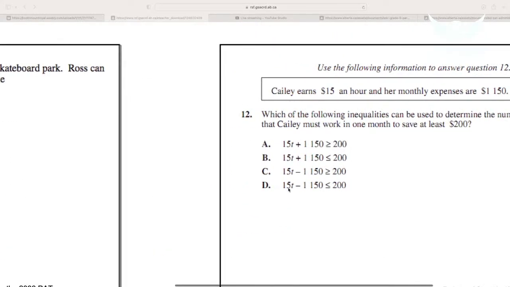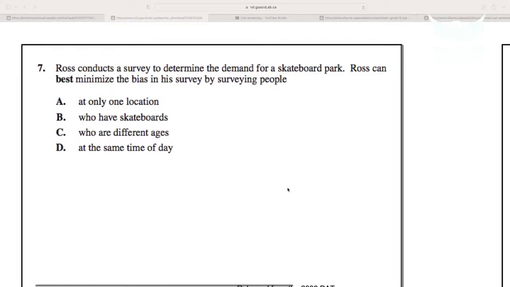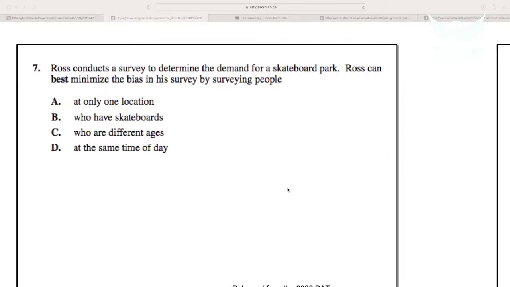Okay, next question. Ross conducts a survey to determine the demand for a skateboard park. Ross can best minimize the bias in his survey by surveying people.